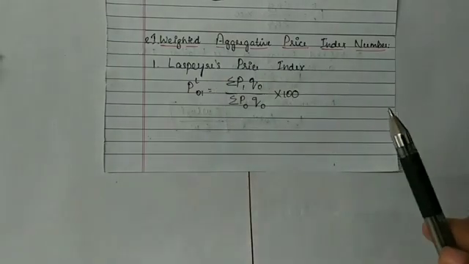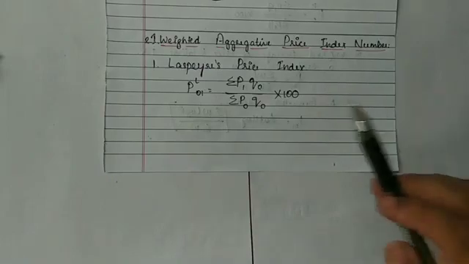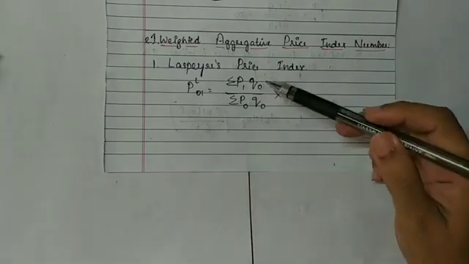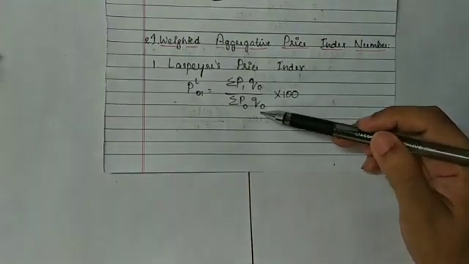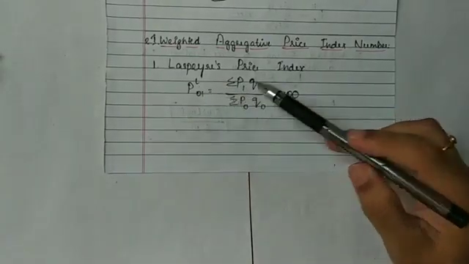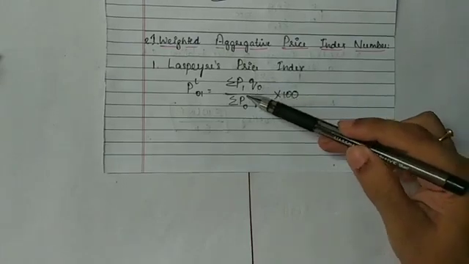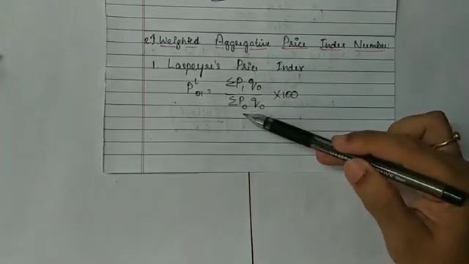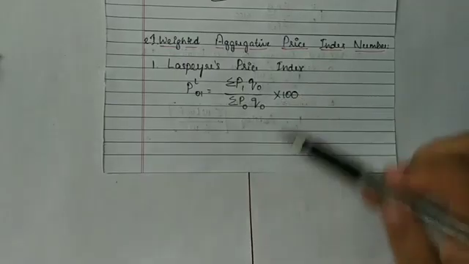In this method, price index numbers are calculated by keeping base year quantities as weights. Our formula will be P01 of L is equal to summation P1 Q0 divided by summation P0 Q0 multiplied by 100.